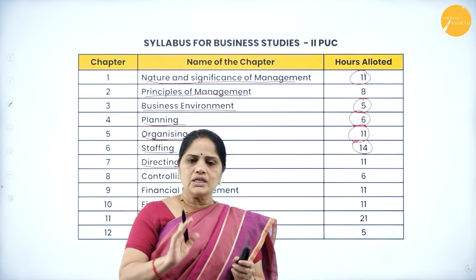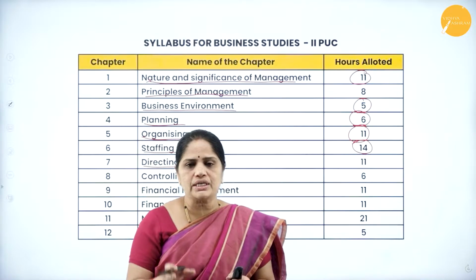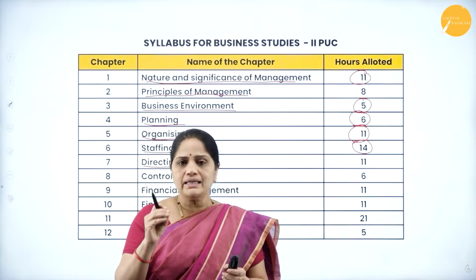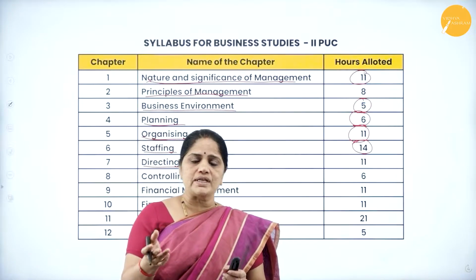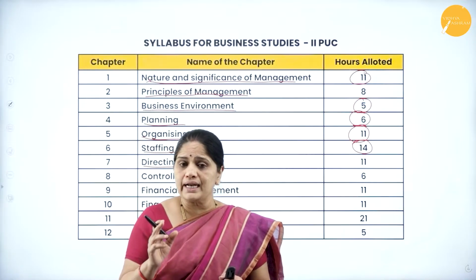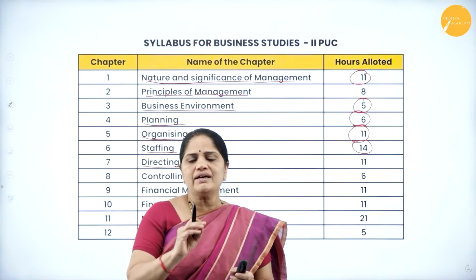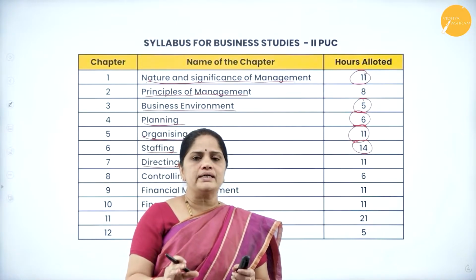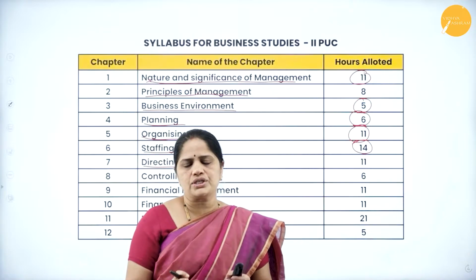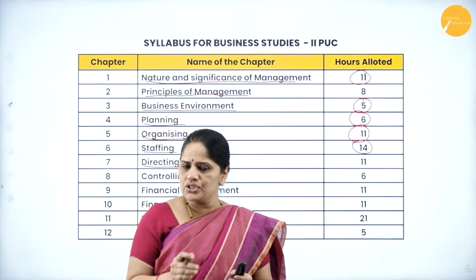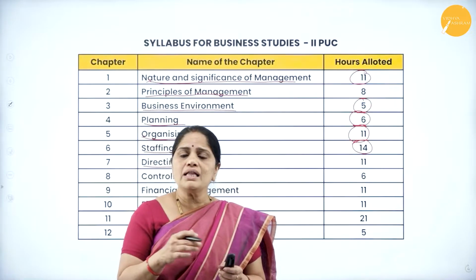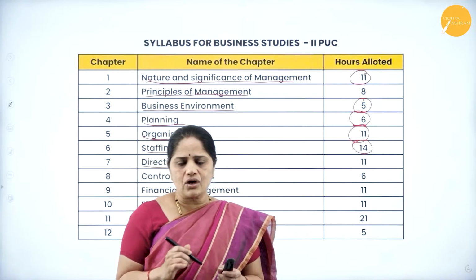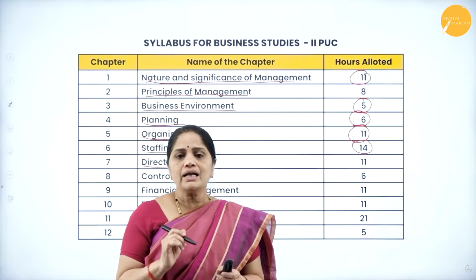As we all know, in an organization there are authority and responsibility relationships, or superior and subordinate relationships. Whenever a superior issues an order, it is known as direction. He may be giving instructions or orders to his subordinates. All this we will call direction, or directing.